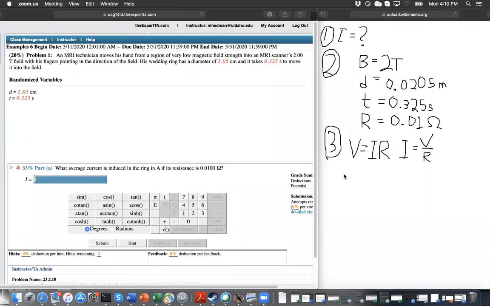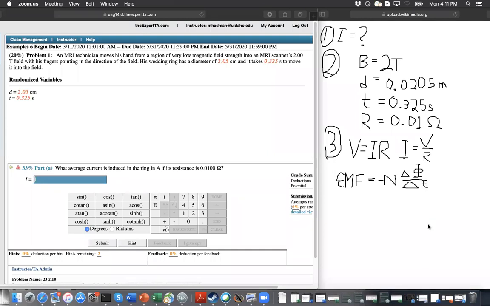And we know from Faraday's law that EMF, which is also voltage, is equal to minus n, the number of loops, times the change in the magnetic flux, delta phi, which is a rather complicated sign to draw, per delta time.